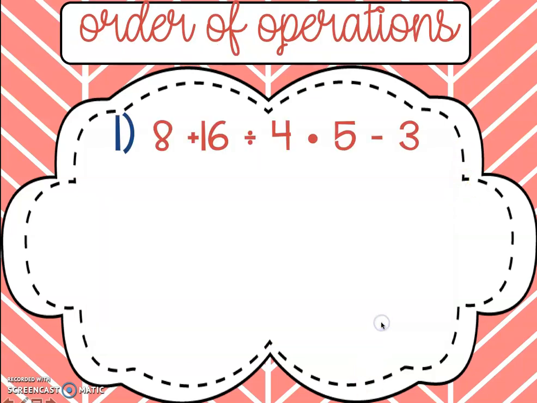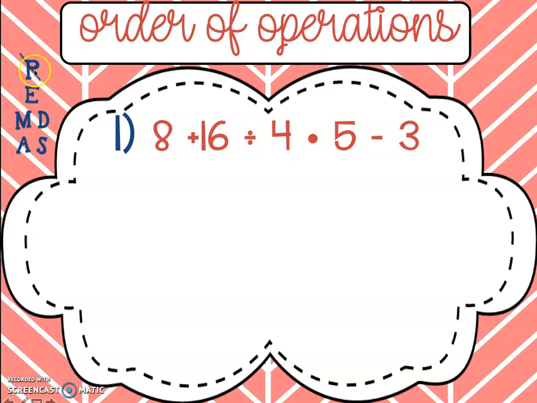All right, so let's start with problem number 1. It says 8 plus 16 divided by 4 times 5 minus 3. Using the order of operations, the very first thing we're going to do is our division, because it's what comes first from left to right.